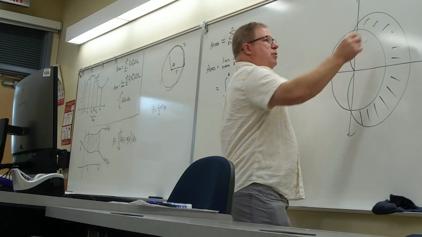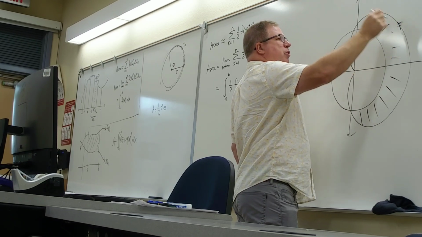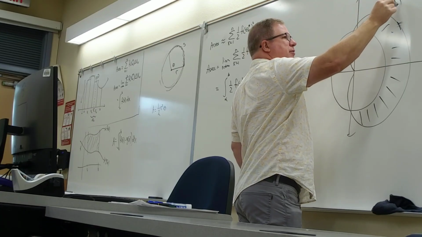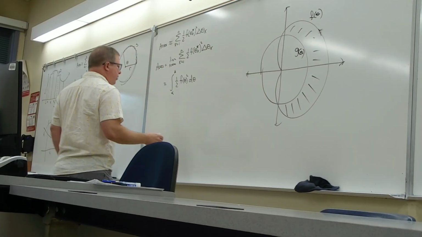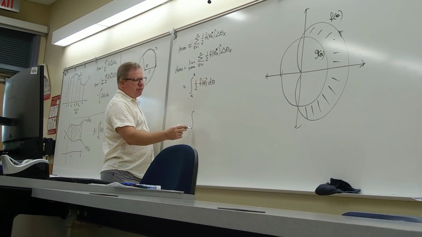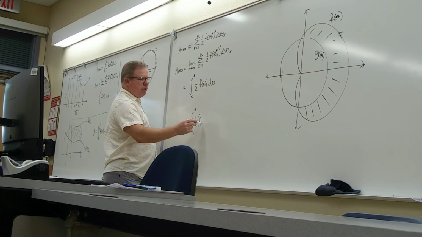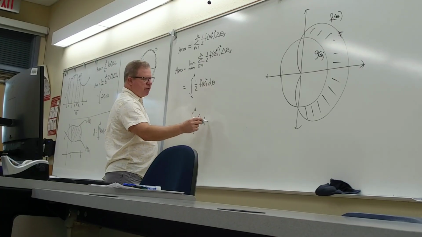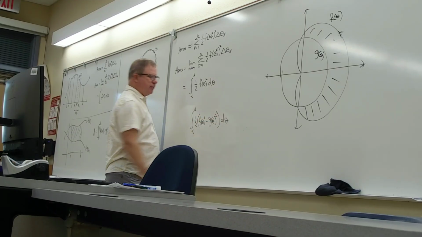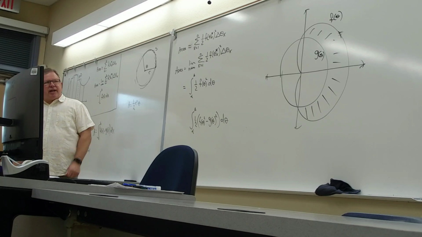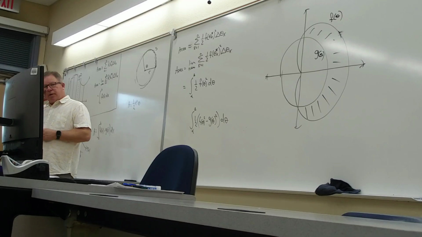So this outer one could be f of theta, and the inner could be g of theta. And so when you want to do the area of something like that, you'll do alpha to beta of 1/2 f of theta squared minus g of theta squared d theta. So if you have something like that, that's what you would do. We're not going to do any like that in our problems.